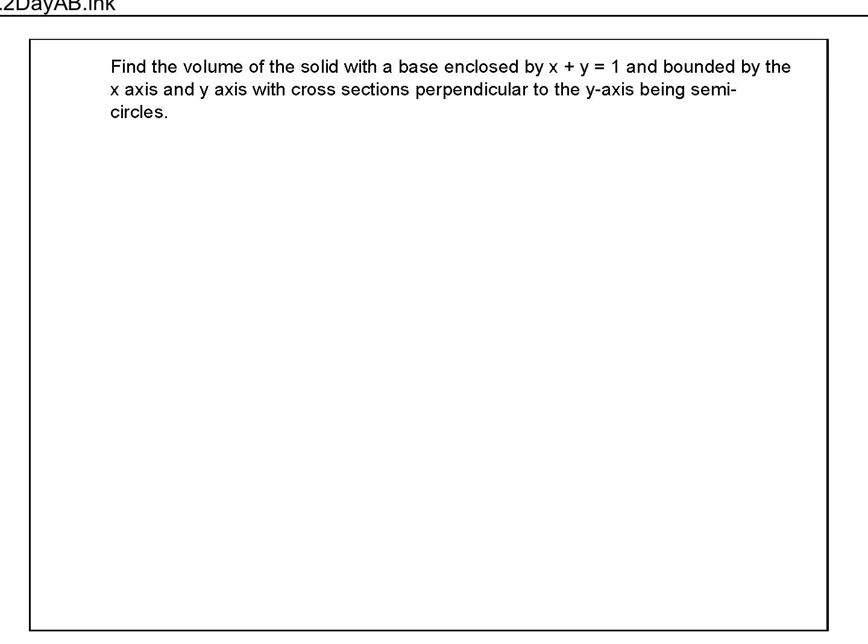So let's pause there and graph what we're given. So we have x plus y equals 1 and x and y axis bounding us. So it's a line, it's in standard form. You can graph it from there, or you can put it into y equals mx plus b to graph. That doesn't matter. So y equals negative x plus 1 would be the same thing. So I only need the first quadrant.